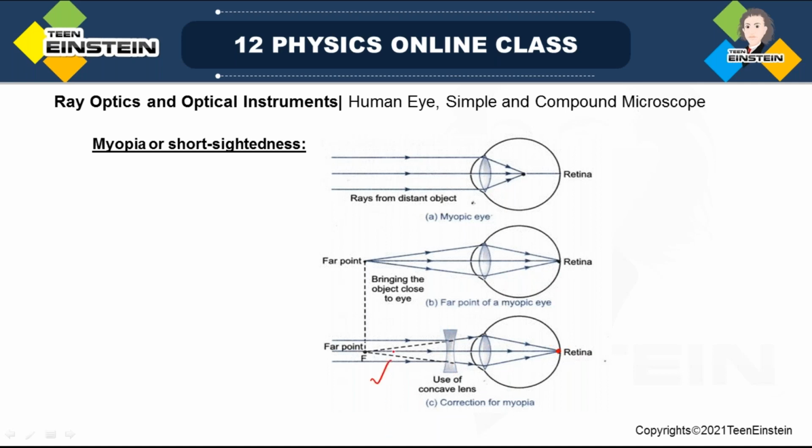As you see, this is the corrected lens. In the case of short-sightedness, the light is converging much before the retina, so you have to diverge it a little bit. This is the normal eye, this is the defective eye, and this is the corrected eye.